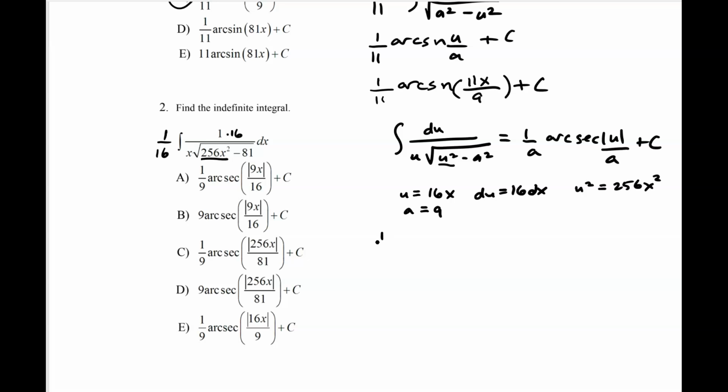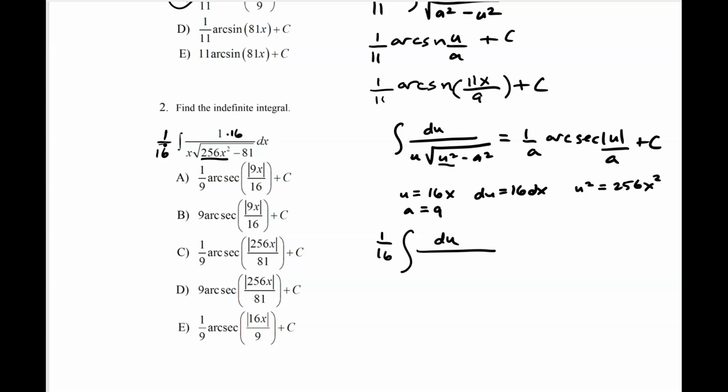And so we end up with 1/16th integral of du all over. Now, at first we don't have our u down there because it's just the x, but don't we want a 16x to be right there?